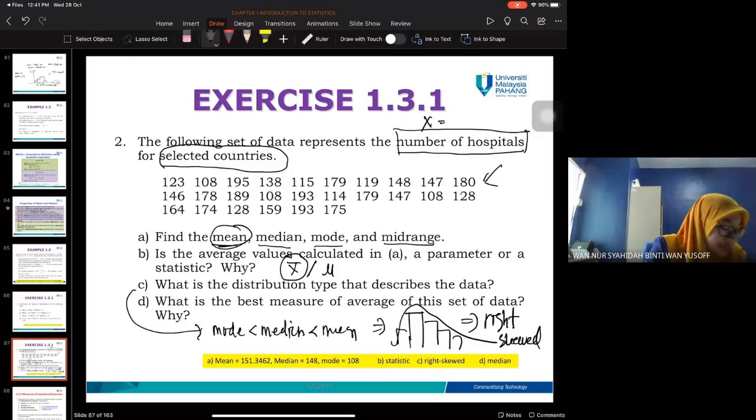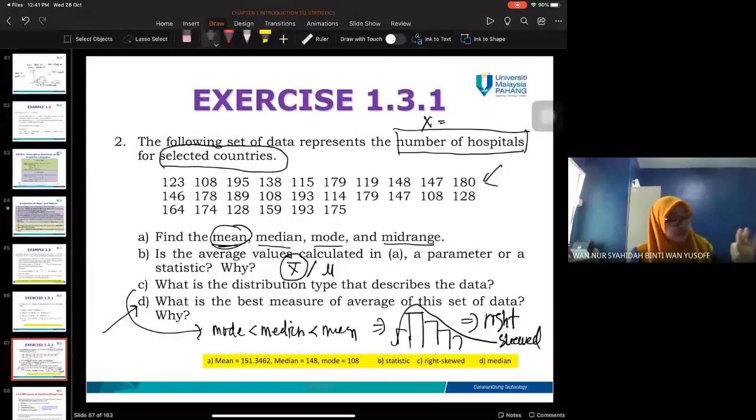What is the best measure of average of this set of data and why? The answer to this question is related to the properties of the mean and median.